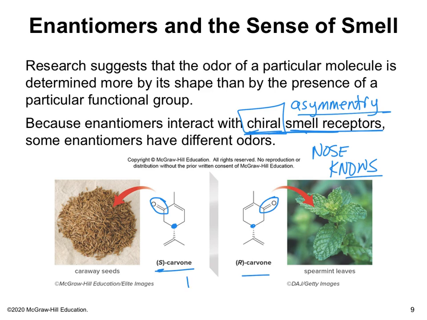Well, your hands, it's handedness. That's what chiral actually means. It's a Latin word for handedness. And so that means like your right hand, your left hand. And so caraway seeds have S-carvone. If you've ever tasted caraway or smelled caraway, it's very different than spearmint, which is R.